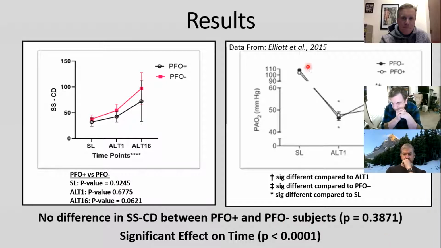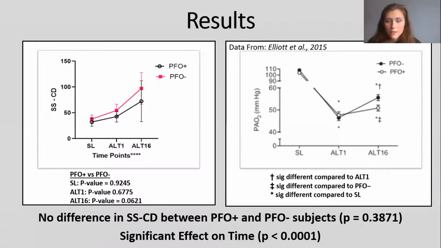And so on the right is a graph showing alveolar ventilation from the same data set. Again, on the x-axis are the time points: sea level, ALT1 and ALT16. On the y-axis is the partial pressure of oxygen. The open circles are the PFO positive subjects, while the closed circles are the PFO negative subjects.